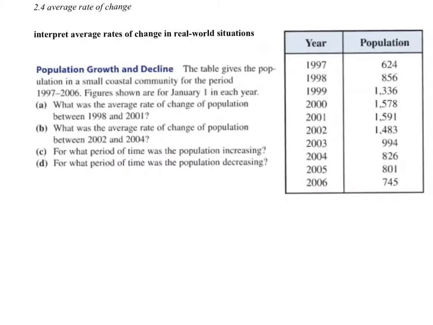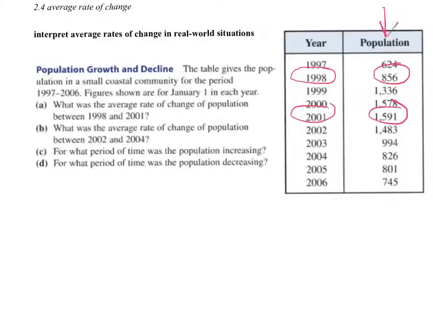So this is doing a rate of change problem just from data. We have a table that gives the population in a small community from 1997 to 2006, and we want to know what's the average rate of change of the population between 1998 and 2001. Well, the average rate of change between 1998 and 2001 involves these 4 numbers.